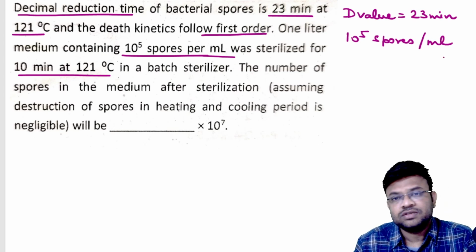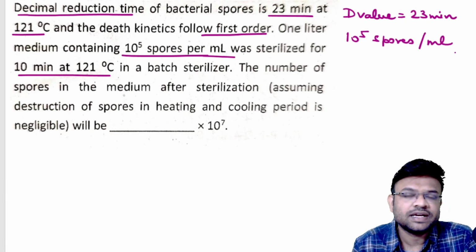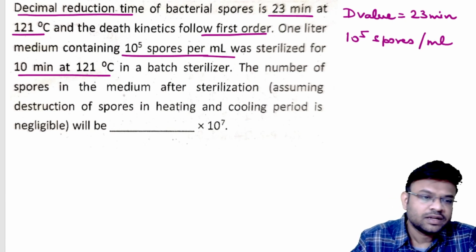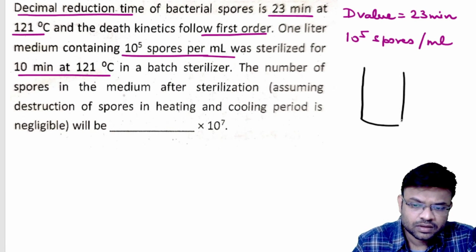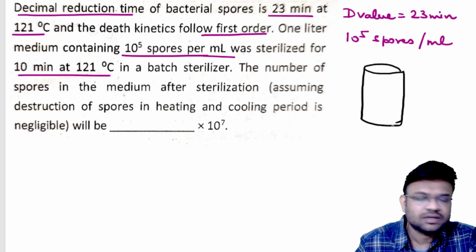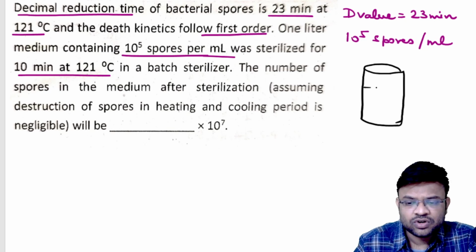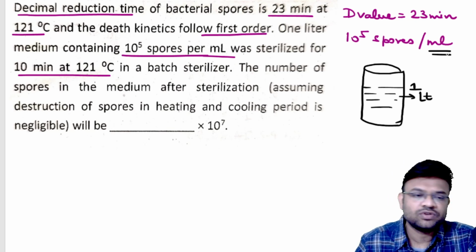But since you have to consider the spores present inside the entire volume of the fermenter, let me quickly draw it over here. Suppose this is a fermenter, a rough drawing. The volume inside the fermenter is, let us say, 1 liter, and they have given you that per ml the spore concentration is 10 to the power 5.